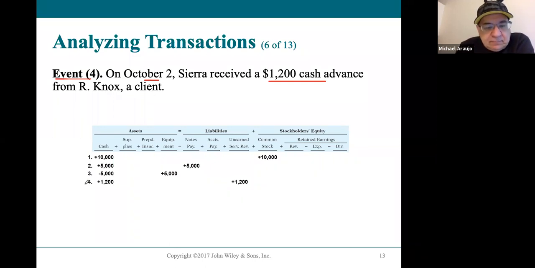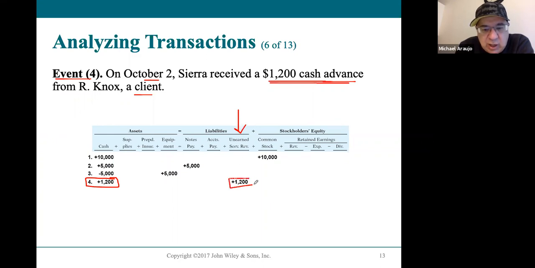So what just happened here? Well, 2 accounts are affected. One is the company has $1,200 more in cash because the customer just plopped down $1,200 in cash to them. But the client is looking at this as a cash advance. In other words, they're paying up front. So the company now has a liability, unearned service revenue.